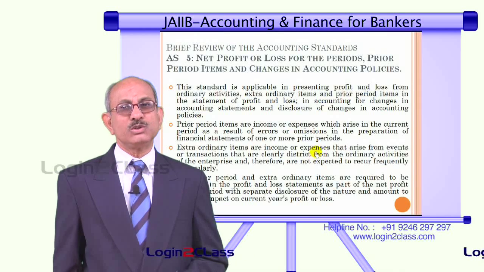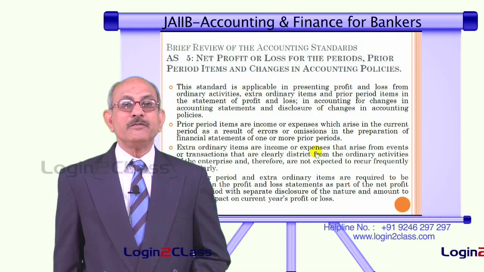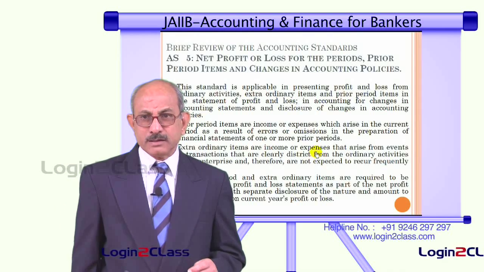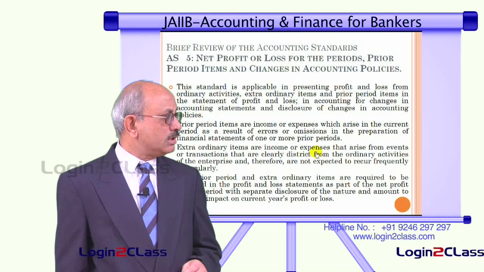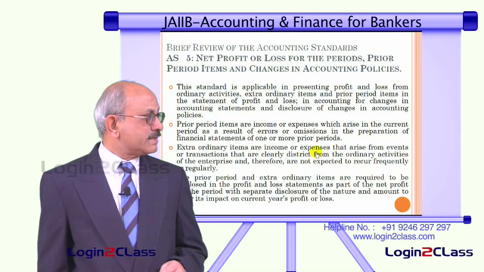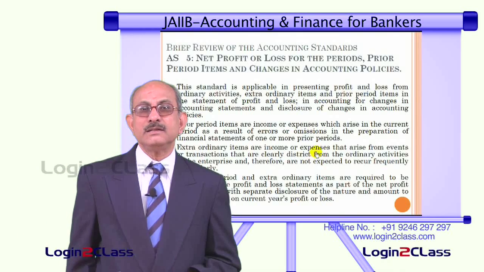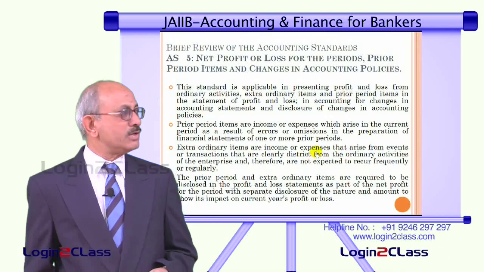So, the disclosure also has to be shown separately, so that we know what is the extent of the extraordinary items and what is the extent of prior period items, as also what is the extent of their effect on the profit and loss of the current year or the current accounting period.